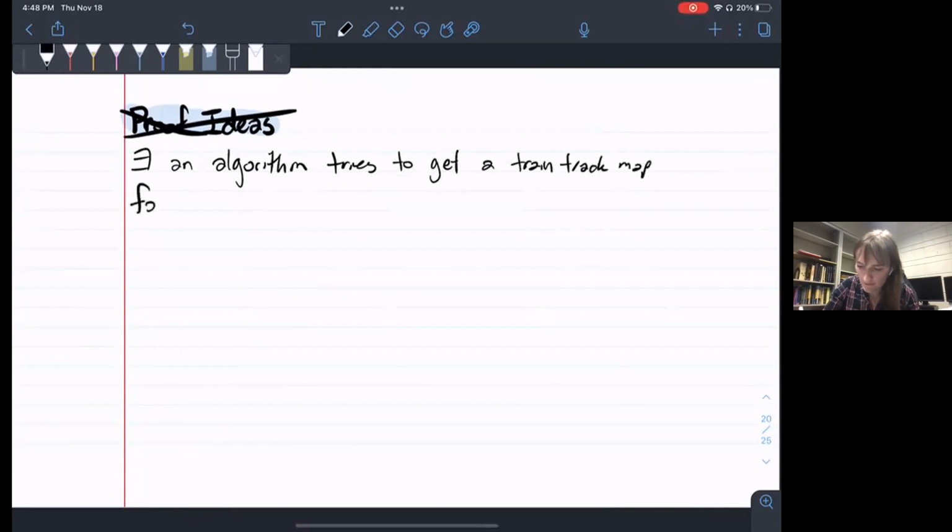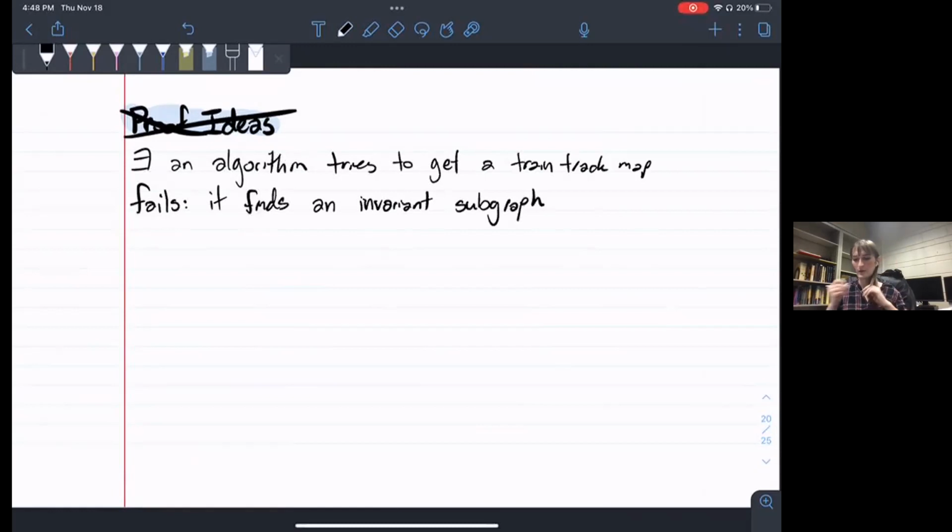It has a fail state, and it fails if it finds an invariant subgraph. So if it finds an invariant subgraph, it fails, great. So the idea of a relative train track map is to allow invariant subgraphs. So relative train track maps.